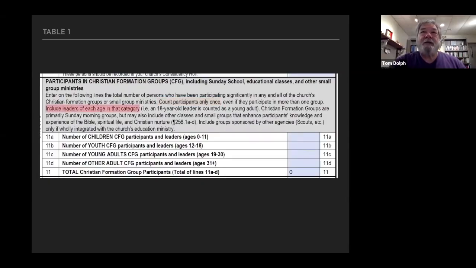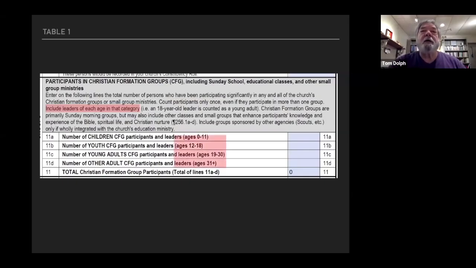Leaders of classes are included in their own age group. For example, that they give here, if you have an 18-year-old who is teaching a second grade Sunday school class, you count them as a young adult, not as a child.